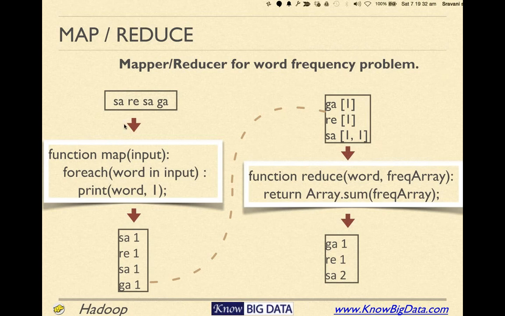If you have 10 nodes and this file is spread over 10 nodes, these contain the blocks of data. For each block of data, your map function is going to get executed per line.